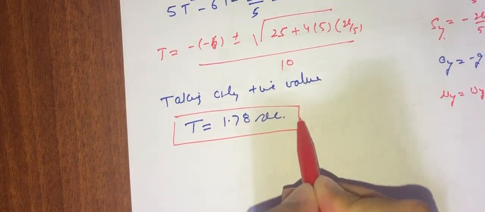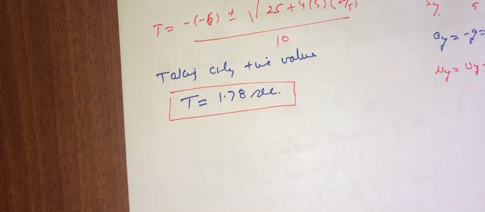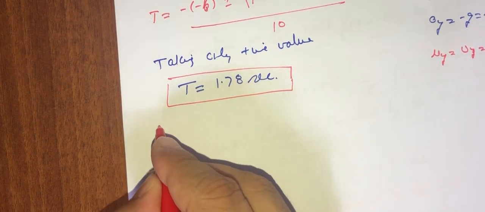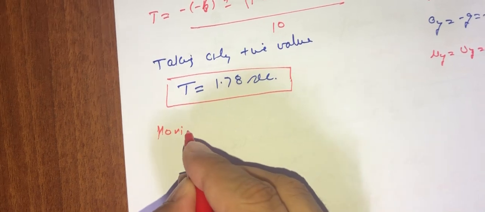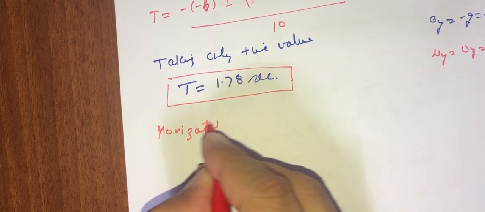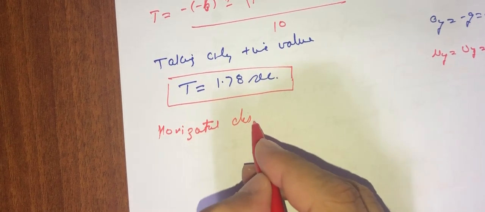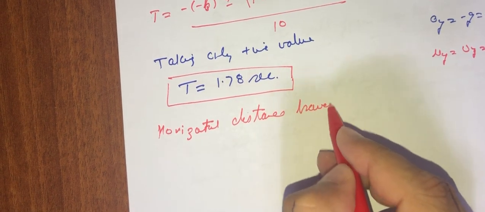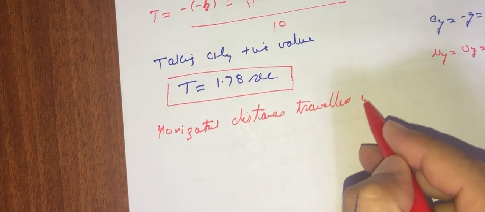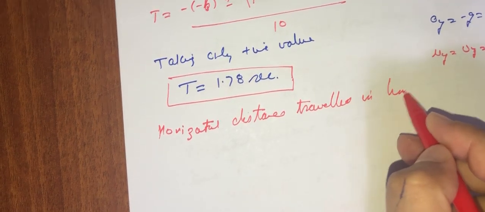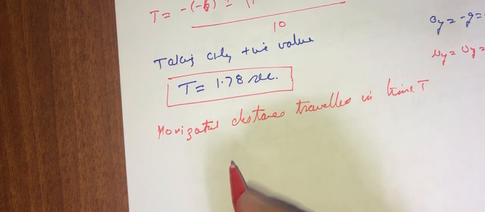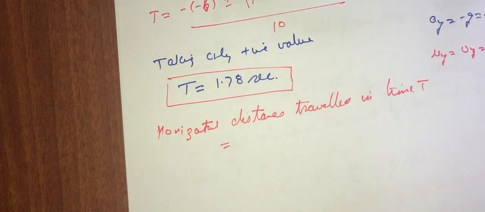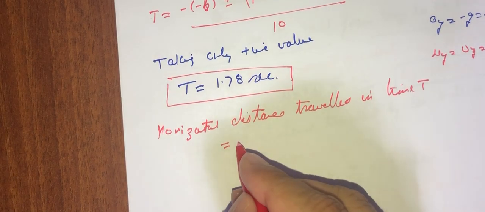This is the time. So during this time, we can find out the horizontal distance traveled in time capital T, and that distance will be equal to MQ.